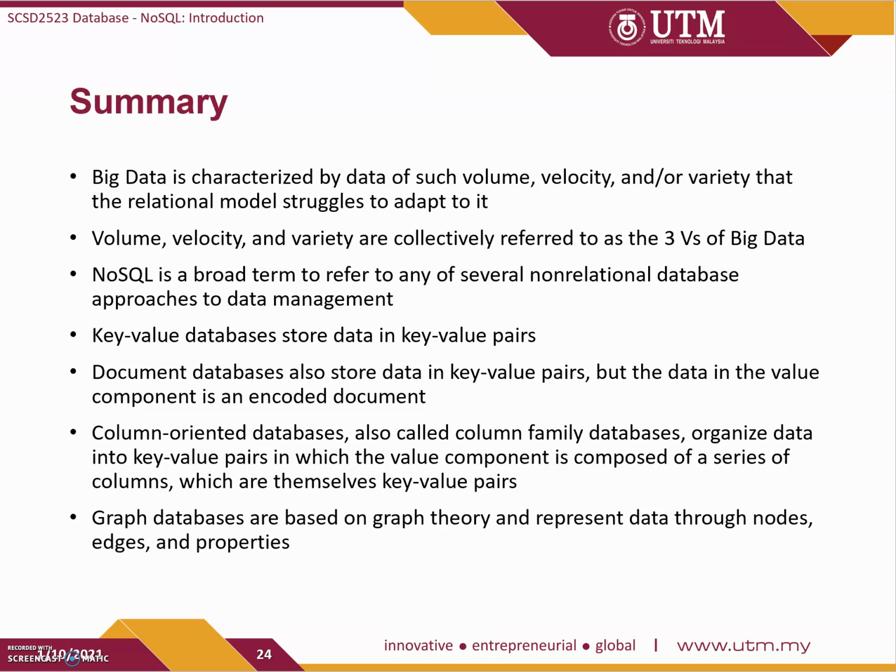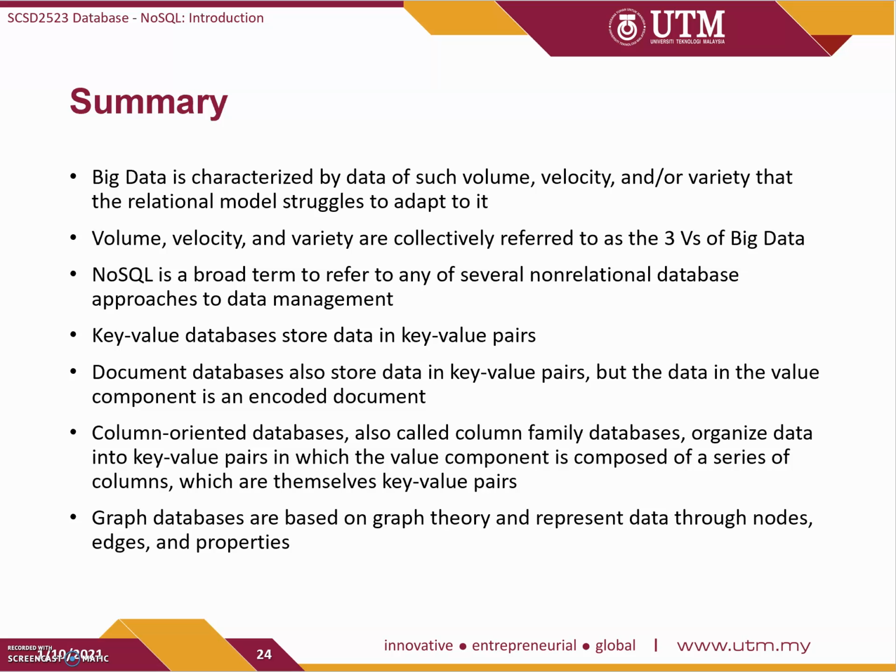So basically, the key-value database will store the data in key-value pairs. The document database will store the data in key-value pairs, but the values are in encoded documents. The column-oriented database, or column family database, will organize the data in key-value pairs, composed of a series of columns which are themselves also key-value pairs.